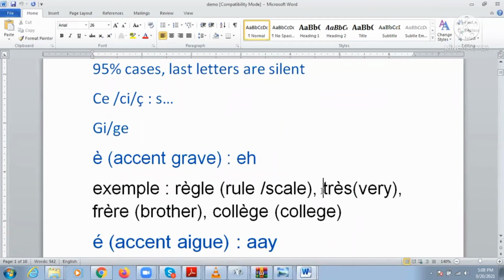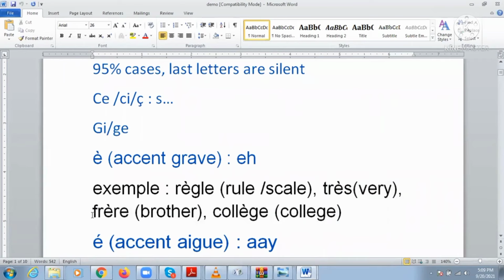And I told you that in French, last letters are silent, right? We don't pronounce them. So it's going to be like this, as R is pronounced as her, not r.